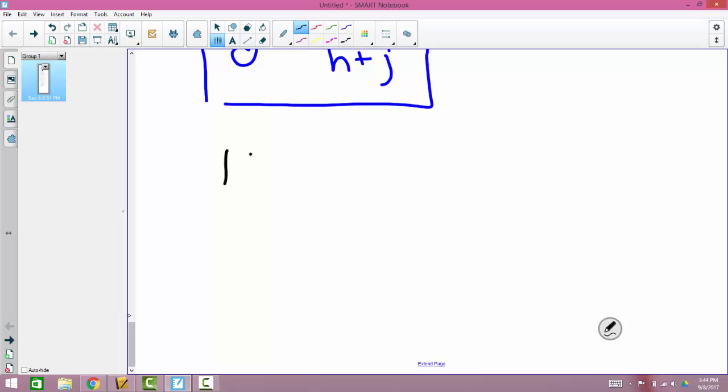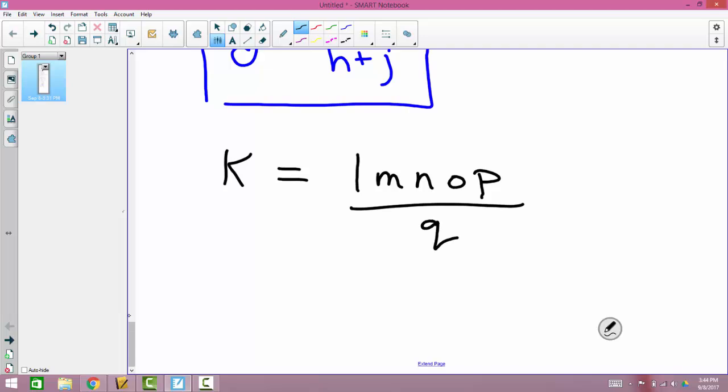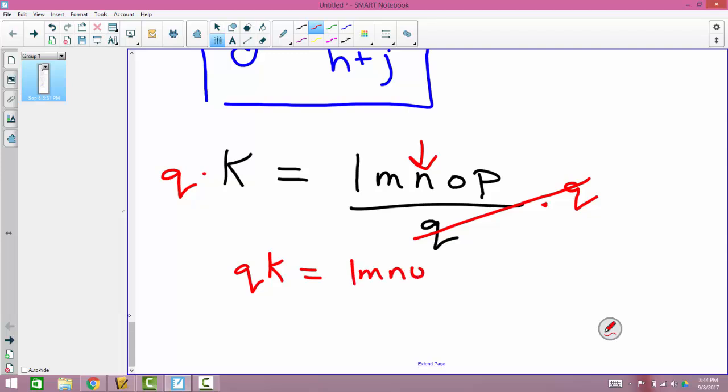Just one more. This time for real. K equals L M N O P divided by Q. Solve for N. Go ahead and hit pause. Hopefully you realize that you should have undone the division by multiplying by Q. So QK equals LMNOP.